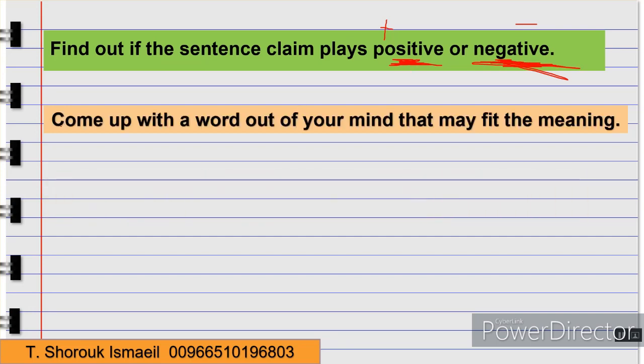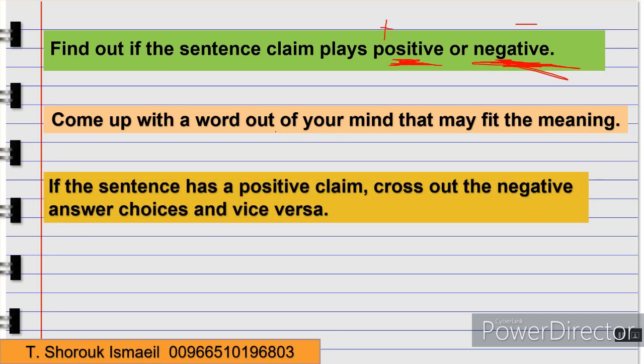After this, come up with a word out of your mind if you can. If you can't, it's okay. If I can find a synonym to this word out of my mind, this will help me. But if I can't, I will go to the next step, which is to plug in the answer choices that I have after crossing out the opposite tone choices.